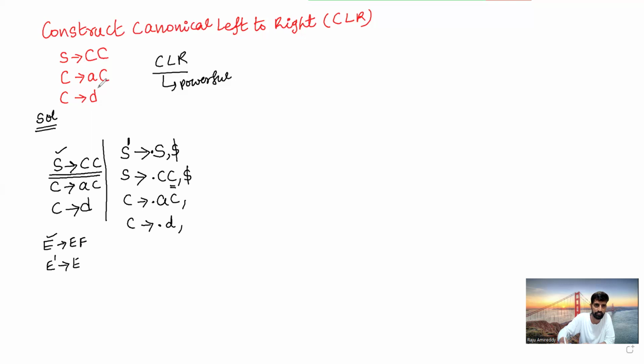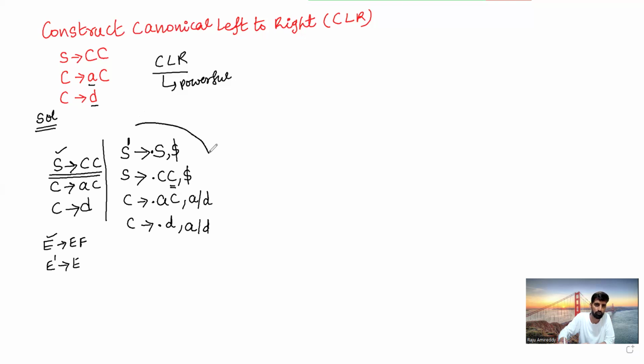First of capital C is a as well as d. We write a/d. So we have completed the augmented grammar as well as the closure. We added S' → .S, dollar initially because this CLR has look ahead symbols. So dollar, dollar, a/d are called look ahead symbols.